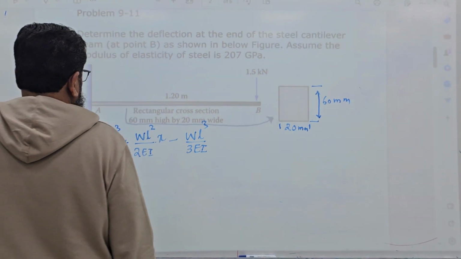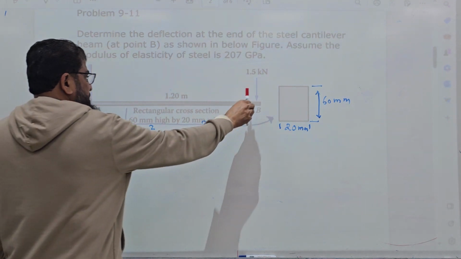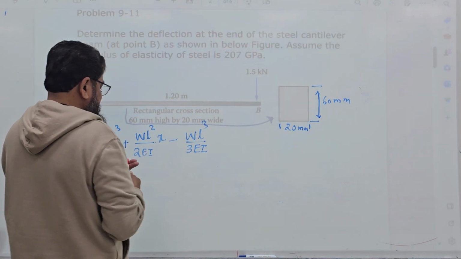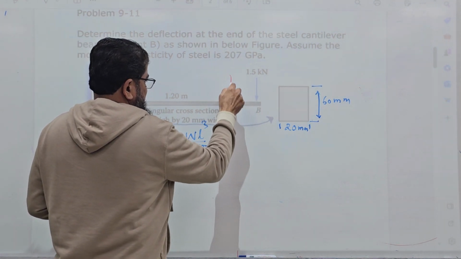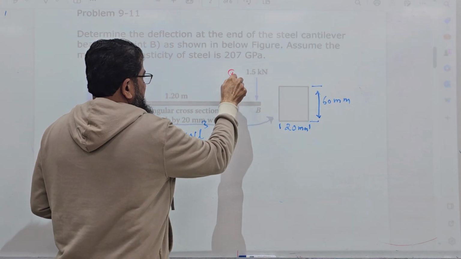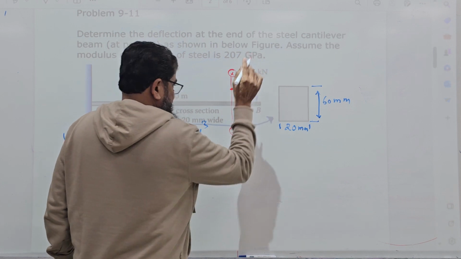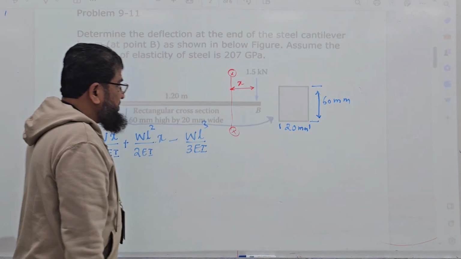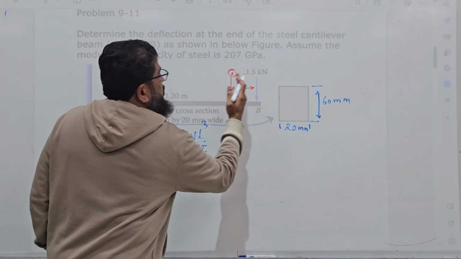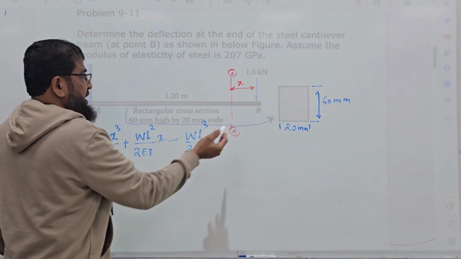So now what is happening? He wants the deflection at this point. If I take a section over here, and this is x, this is the way we have derived this equation. What will happen to the value of x when the section goes over here?